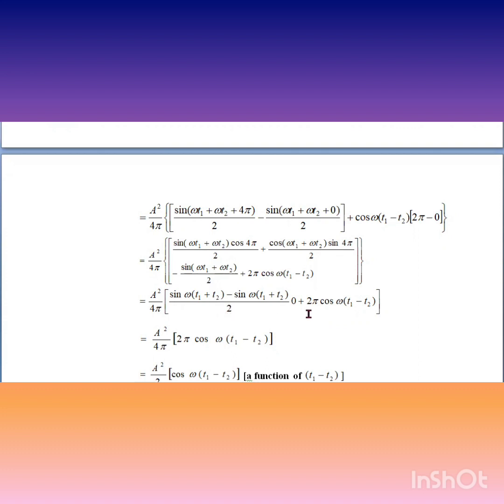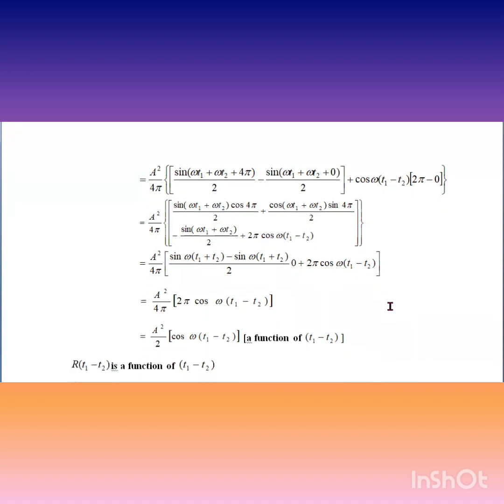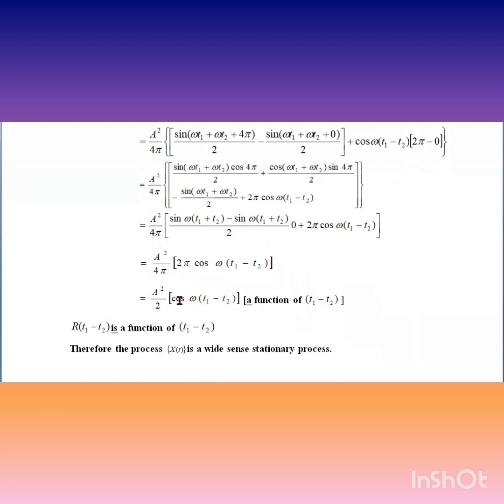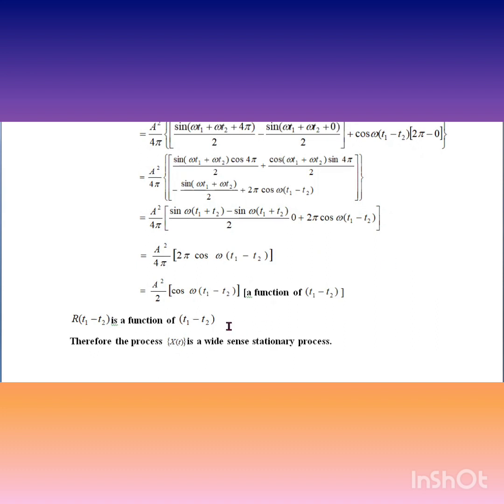Right? So the answer is A squared divided by 4π, 2π cos(ω(t1 − t2)). So A squared divided by 2 cos(ω(t1 − t2)), because 2π divided by 4π will be 1 by 2.